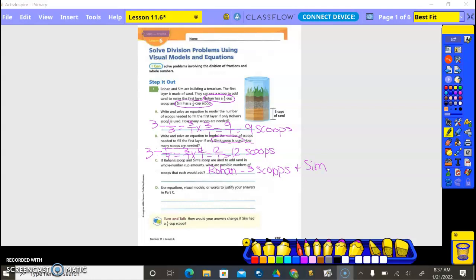So 3 scoops of Rowan would get us 1 cup, right? Okay, so then if they did 3, then Sim would have to do 8 scoops.